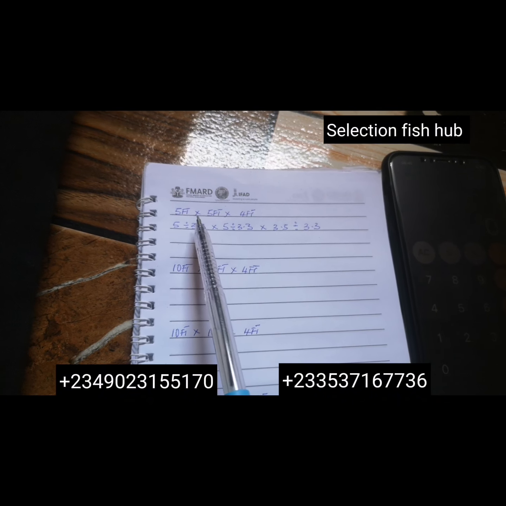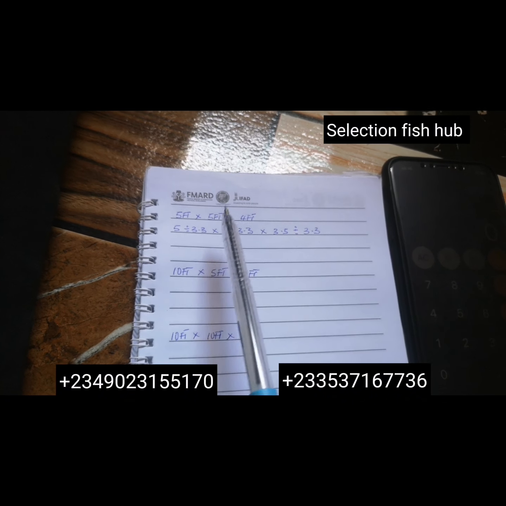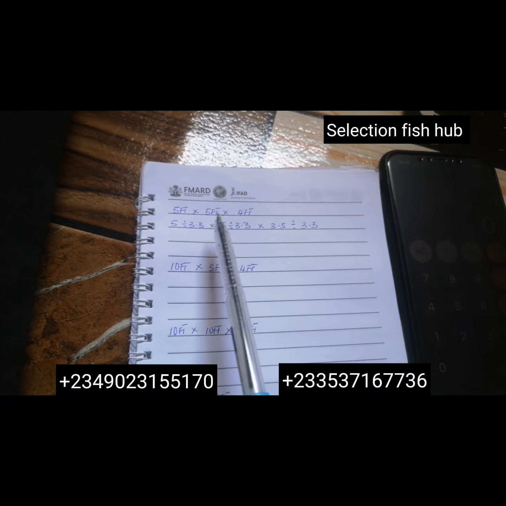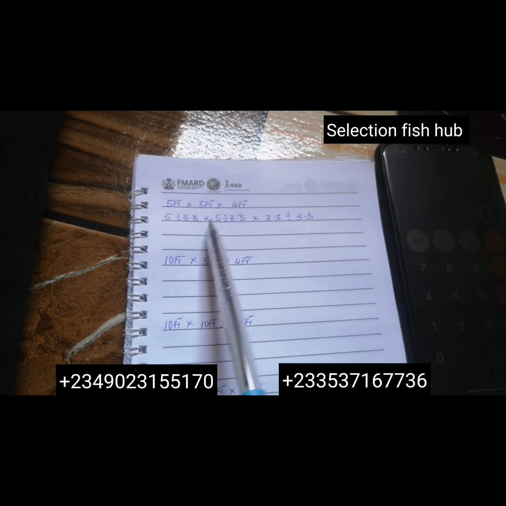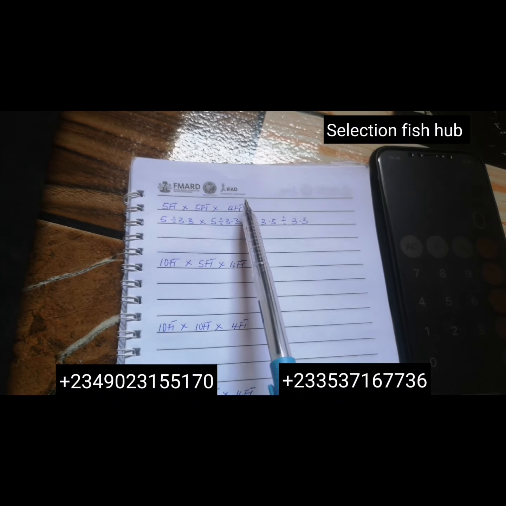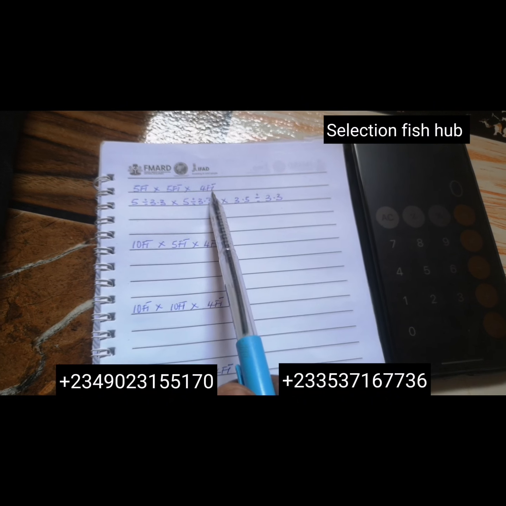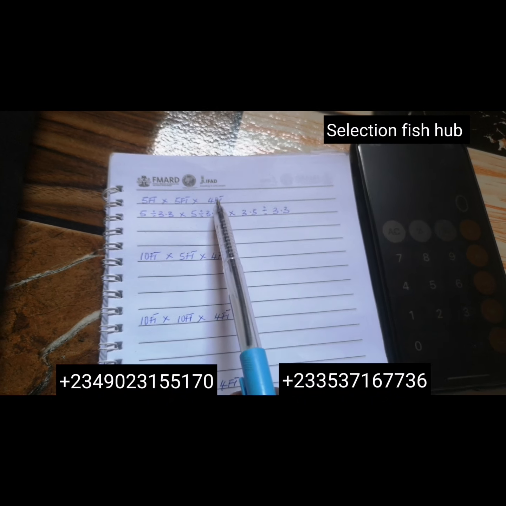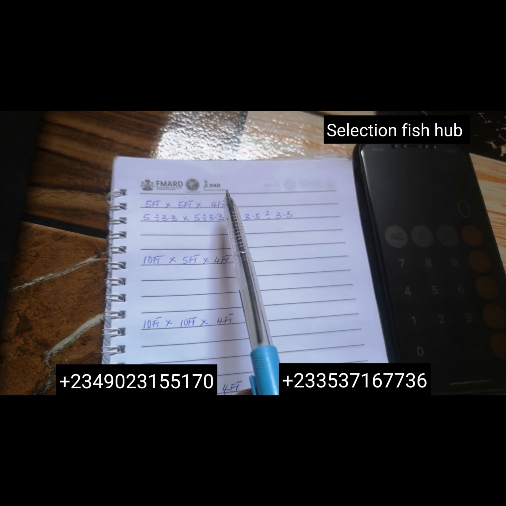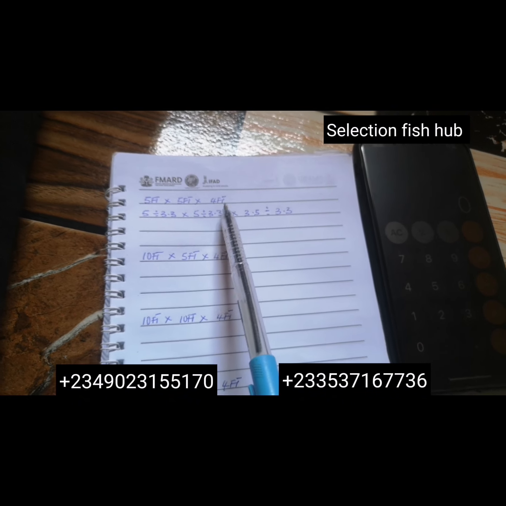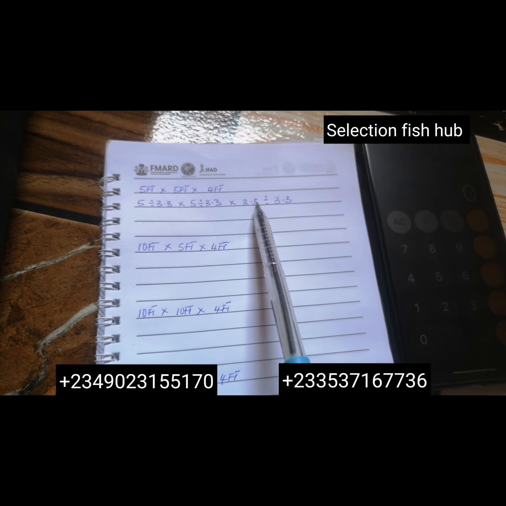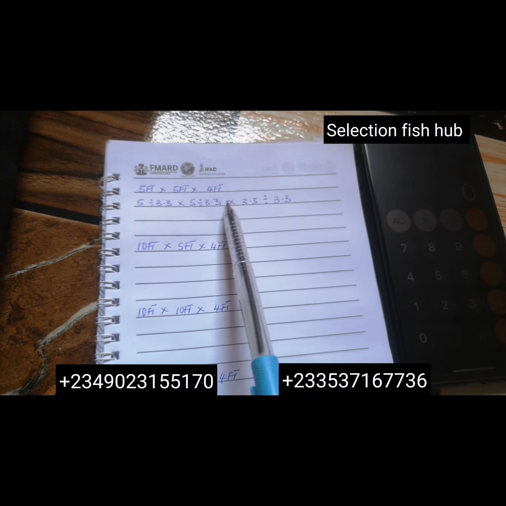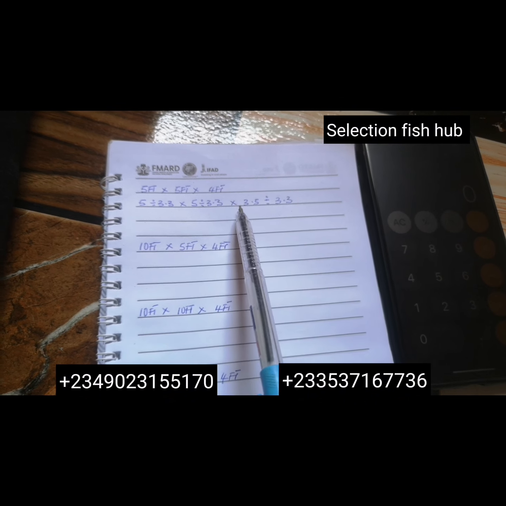So any figure that is in feet and you wish to convert to meters, you divide that particular figure by 3.3. Now remember, I told you that you are not going to fill your pond to the brim. You are going to stop at 3.5 feet gauge. So that is why we are having 3.5 feet instead of 4 feet. So remember, we are calculating the volume of the water level of the pond.